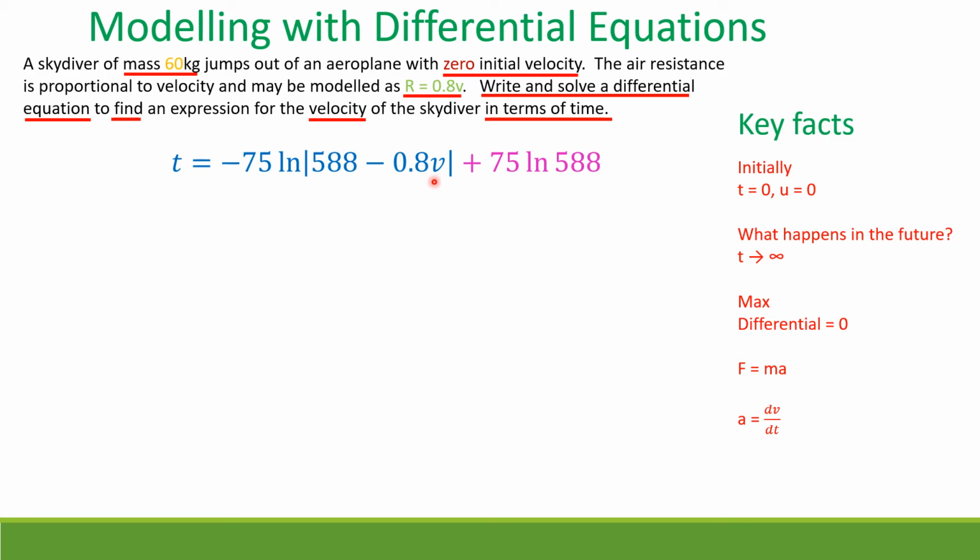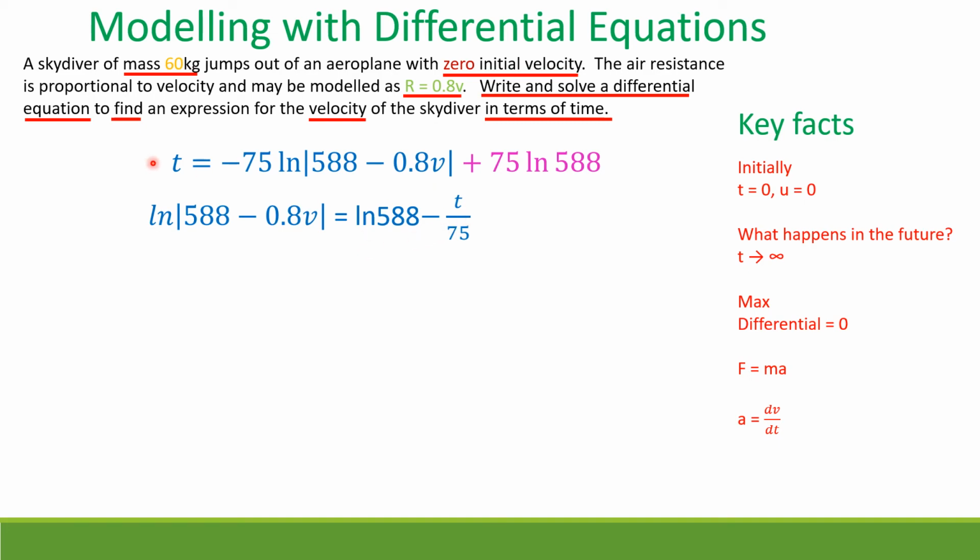Now from here, we need to work out the velocity. So this term here has got the velocity in, so I'm going to take that term to the left and take t to the right. So I'm going to add 75 ln of 588 minus 0.8v to both sides, and at the same time, I'm also going to divide by 75. So the 75 disappears, so it just becomes 1.